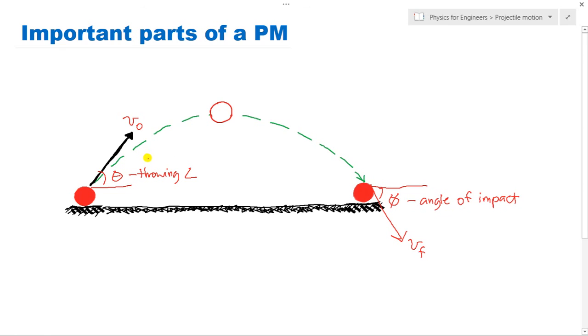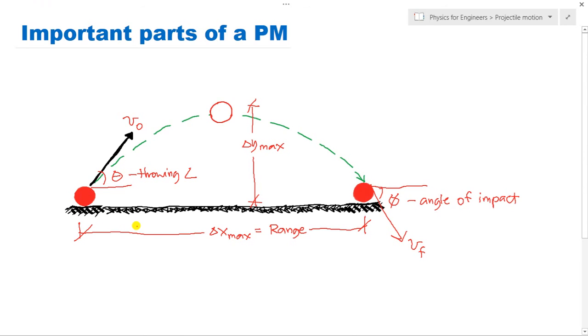And then, we also have the maximum height, delta y max. Of course, if we have a maximum height on the horizontal, hindi rin papatalo sa vertical. We also have the maximum displacement, delta x. And in other words, they call this as the range of your projectile motion. So yan yung range mo.